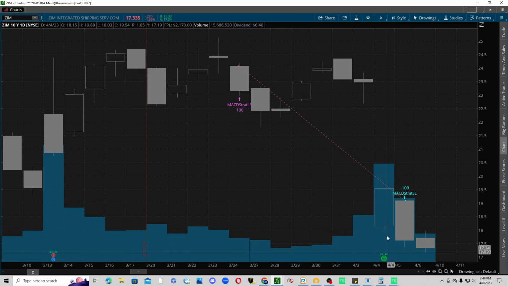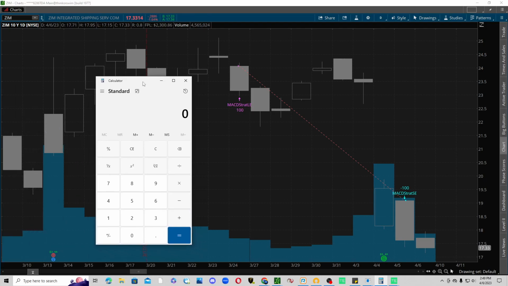The dividend is $6.40 a share. The closing price was $23.47. So let's do the math really quick. 23.47 was the closing price right here. Okay, 23.47, right?